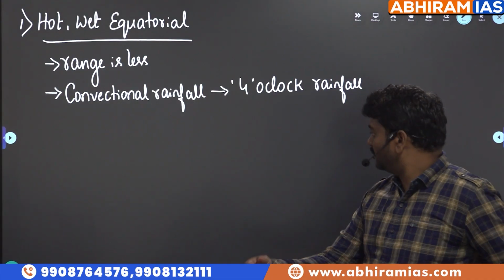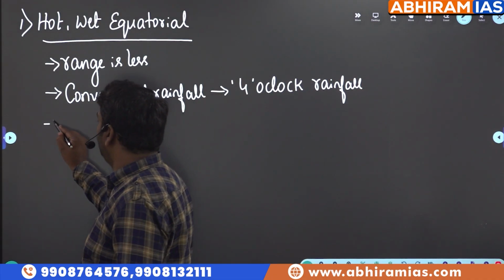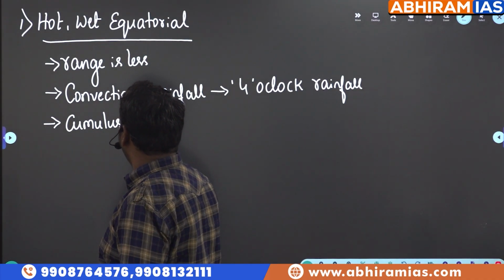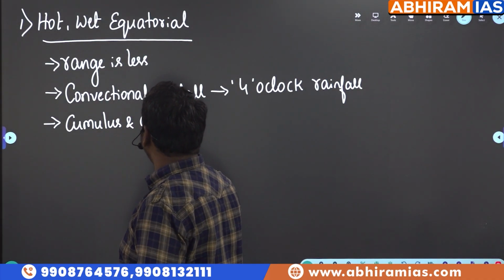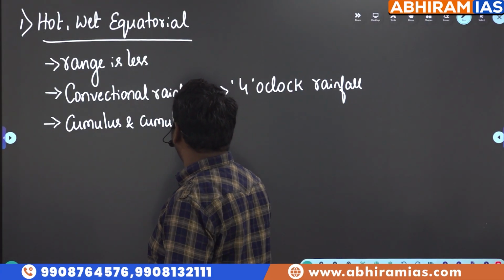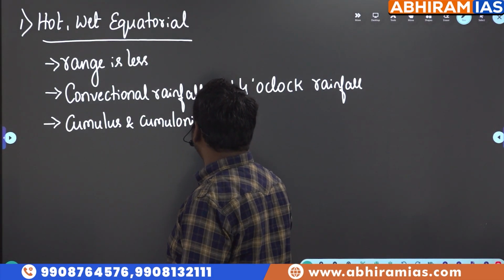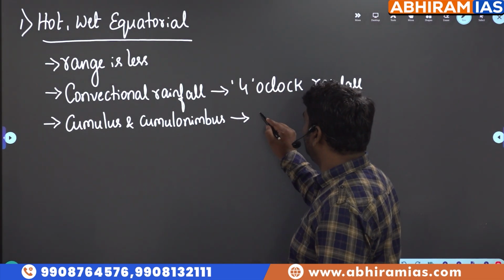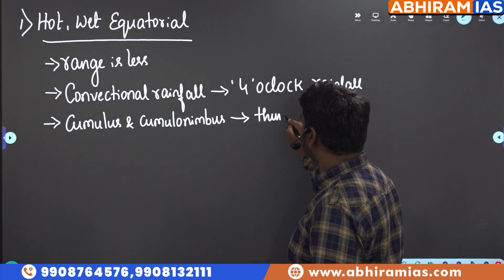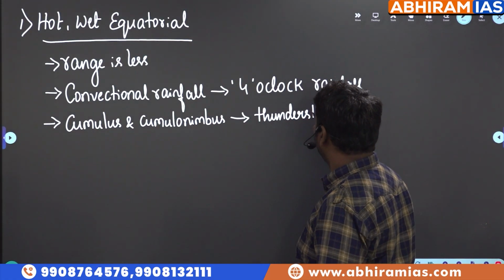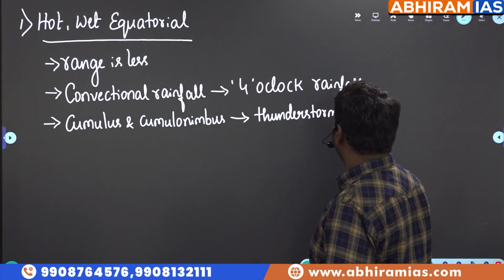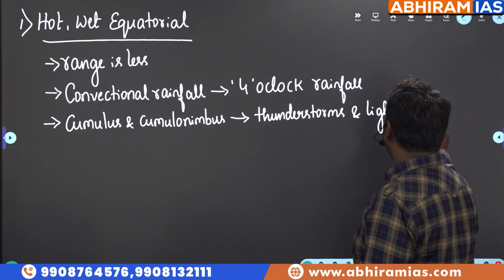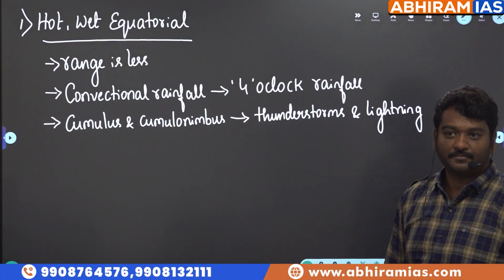Yes. The moment clouds rise vertically, you will have cumulus and cumulonimbus. If you have cumulus and cumulonimbus, you will have thunderstorms and lightning.